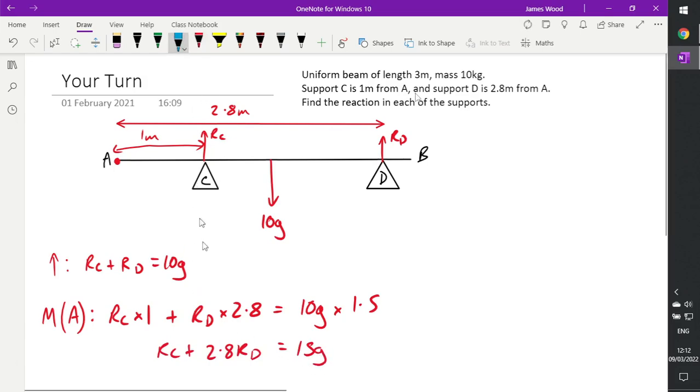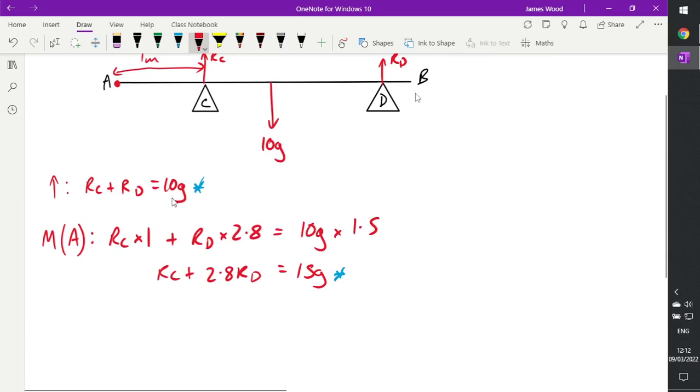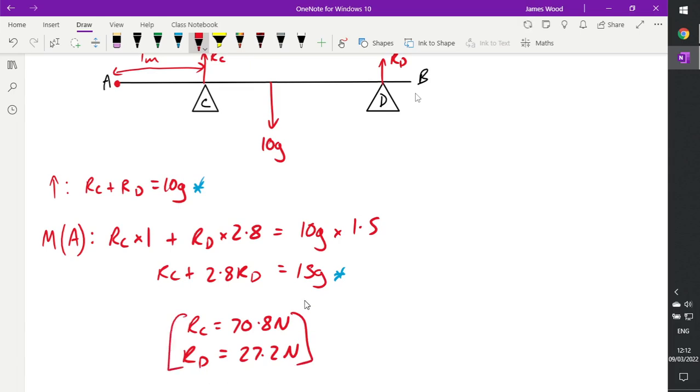Now if I solve these two equations simultaneously, you can just use your calculator to do that, remember. Your calculator has a mode where you can solve simultaneous equations. I'll get RC equals 70.8 newtons and RD is 27.2 newtons. And those are my answers.